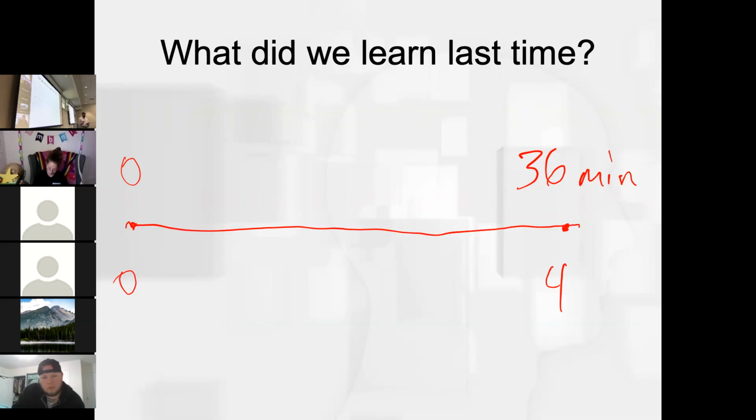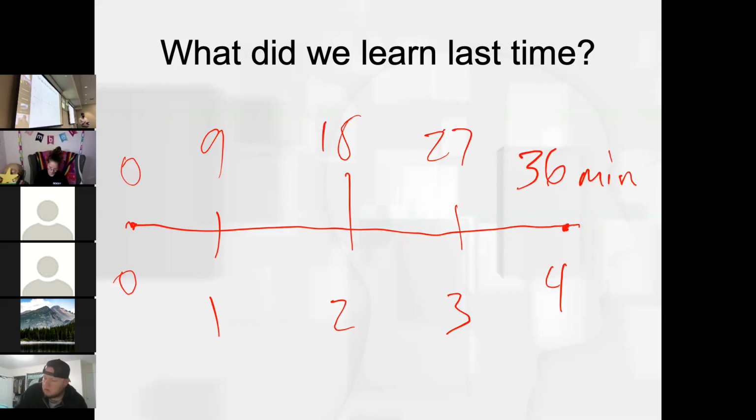So we can say, based off of knowing that you ran 4 miles in 36 minutes, that you ran 2 miles in 18 minutes. And from there, we can determine that you ran 1 mile in 9 minutes, and 3 miles in 27 minutes. And then you can get in between 2 and 3.